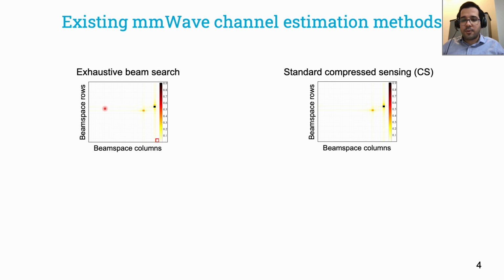So it first focuses its beam along the first direction for some time, then moves to the next direction, illuminates that direction, and so on and so forth. With this sequential approach, you'll end up with a lot of training overhead, because every time the transmitter wants to illuminate a certain direction, it sends out a packet. And each packet occupies a certain amount of time. And if you want to scan a squared number of directions, you'll end up with a lot of overhead.